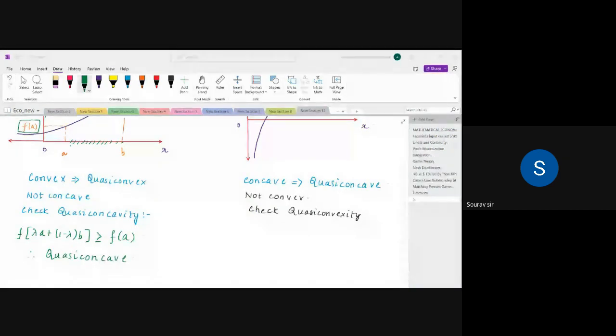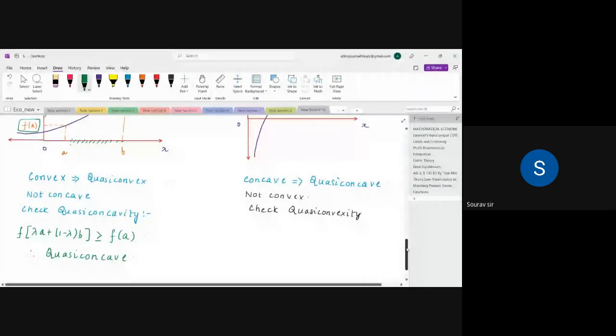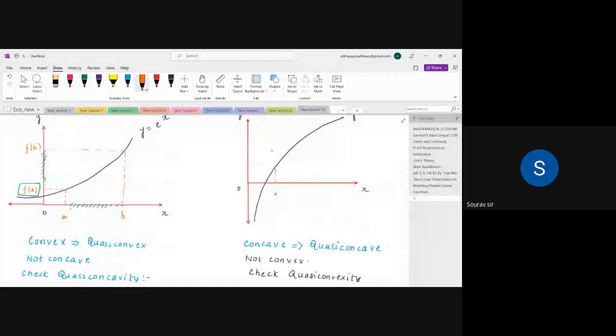If you all can reply with a yes or a no. Making sense? Yes, sir. And similarly, for the log one, again the same thing. We'll be taking two random points over here, a and b. This is my function of a, and this is my function of b. The maximum of these two is function of b in our case. So if you take any point in between this range, the functional value will always be less than or equal to f of b.